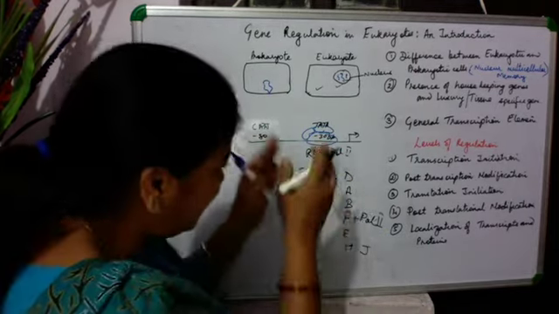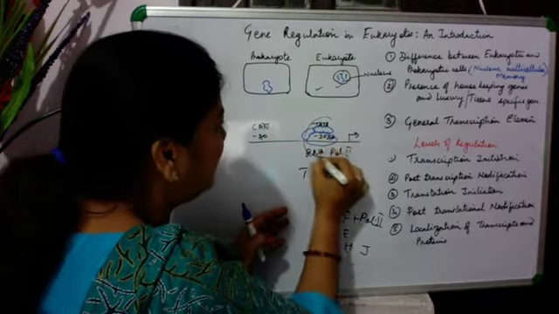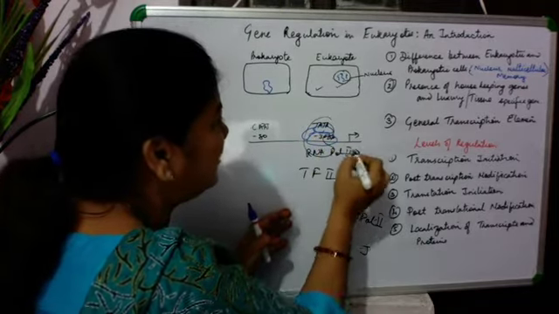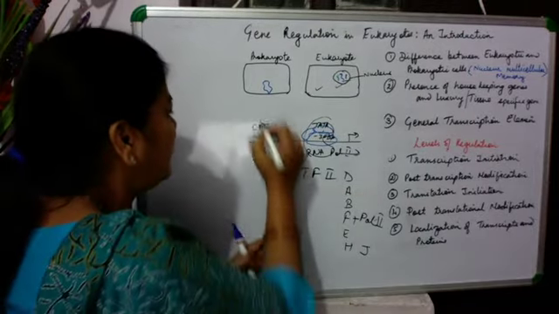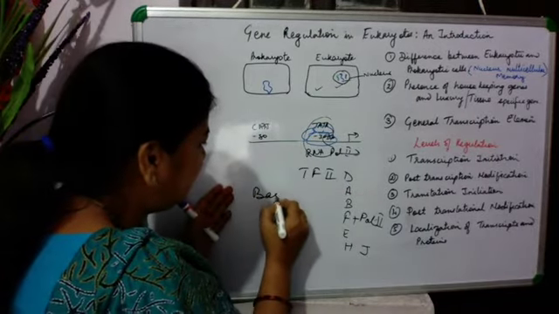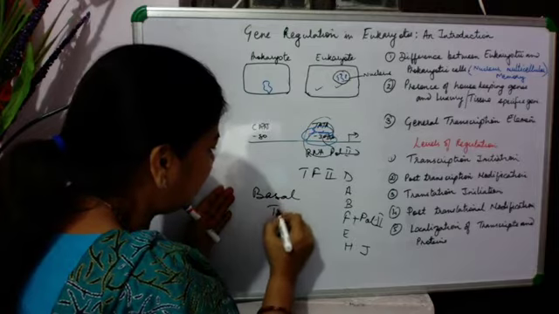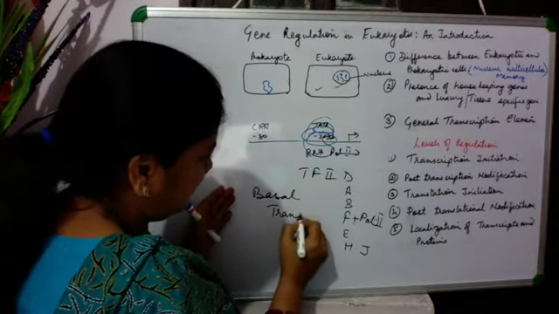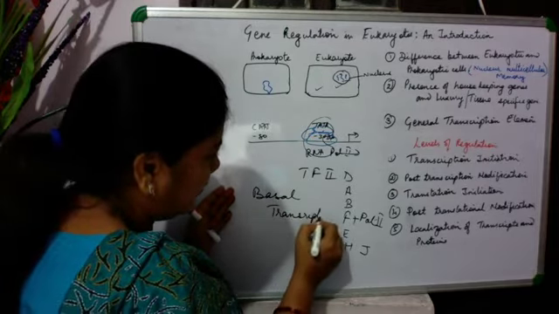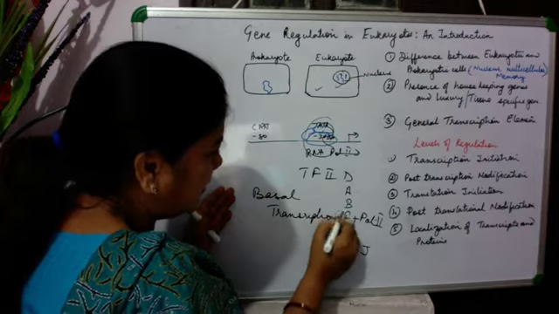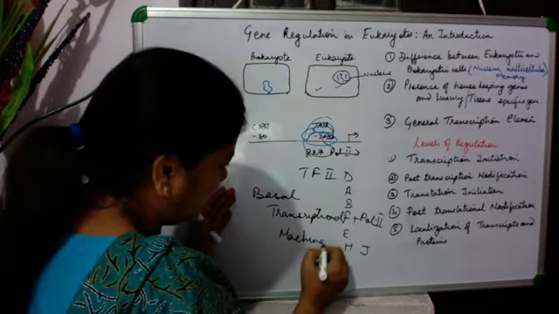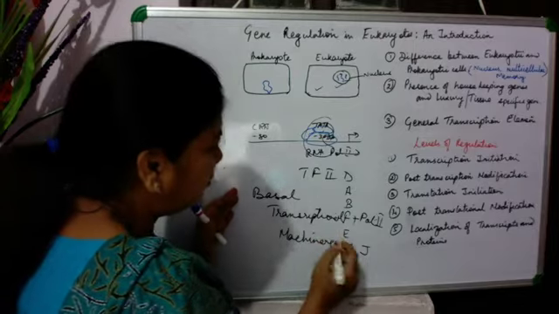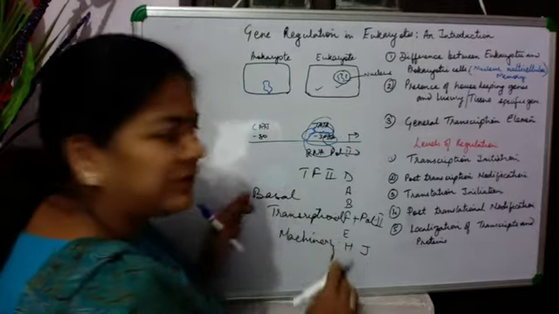Once they are all assembled, the RNA polymerase will come and initiate transcription. They constitute what is called the basal transcriptional machinery.